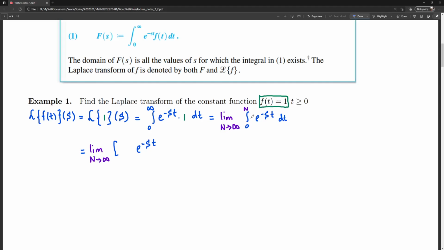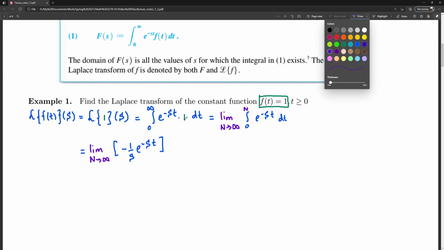There's no negative s here. So to account for that, we're going to multiply by negative 1 over s. And you can verify that if you take the derivative of this with the chain rule, you end up with this. So we have a correct antiderivative.